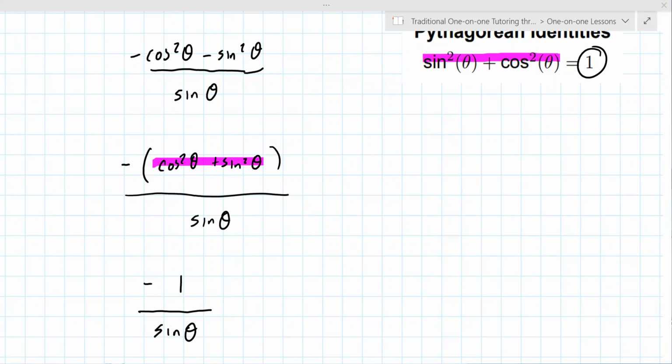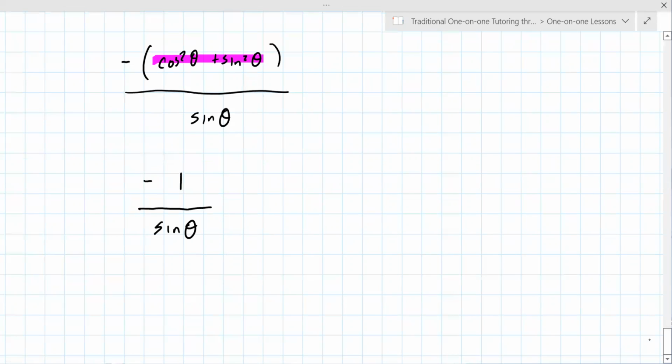It's on page 2, kind of at the top of that reference cheat sheet that I sent you. Oh, cosecant theta. Yes, this becomes minus cosecant theta.